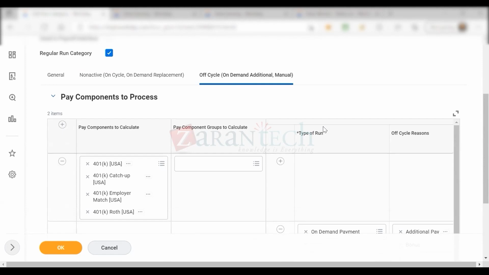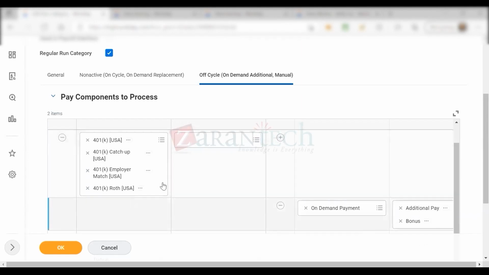Again, by default, employee taxes and employer taxes will get calculated, but earning codes and deduction codes to calculate, we need to list them out, similarly to how we list them out for non-active. So we can take the first example.